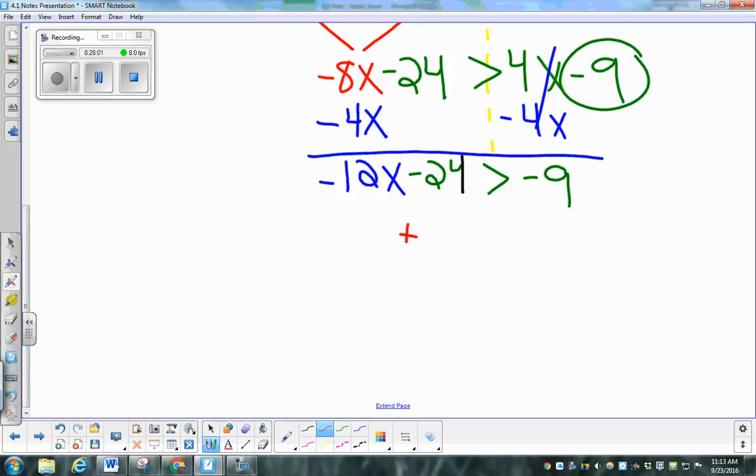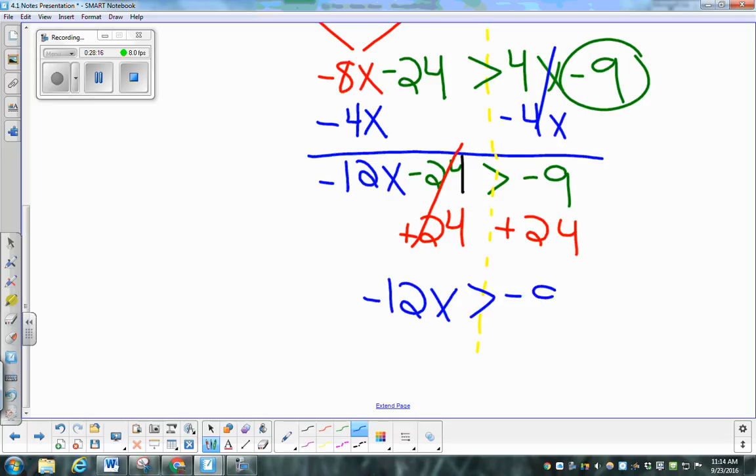Now we need to add 24 to each side. So we are left with negative 12x is greater than negative, oh, sorry, not negative 9 anymore, 15. We still haven't had to flip our sign. We haven't multiplied or divided by a negative at all.